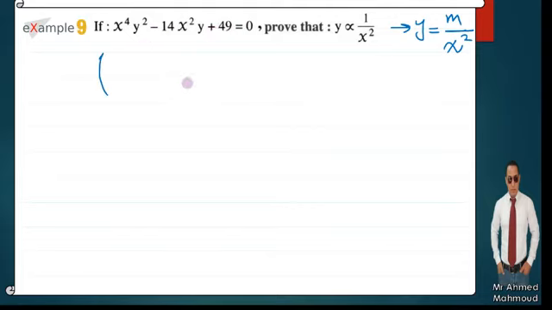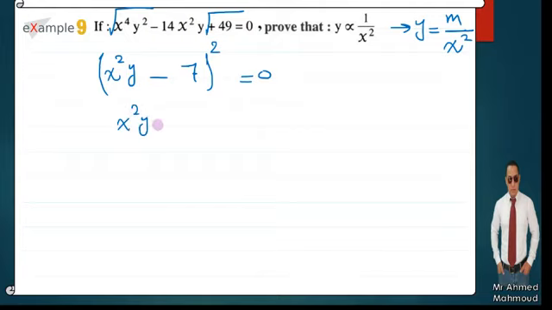So I will open a bracket with power of 2 and the negative sign here. Square root of the first is x power of 2 y, square root of the last is 7, equals 0. Then x power of 2 y minus 7 equals 0.